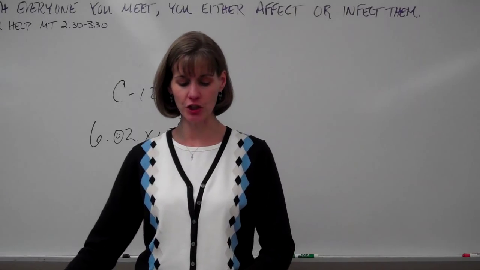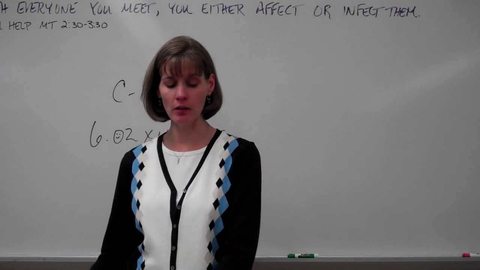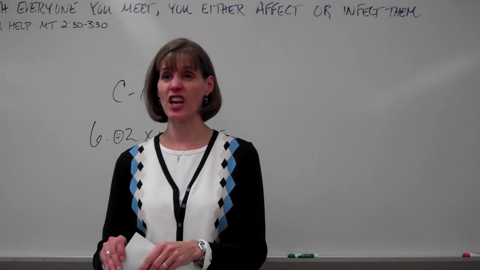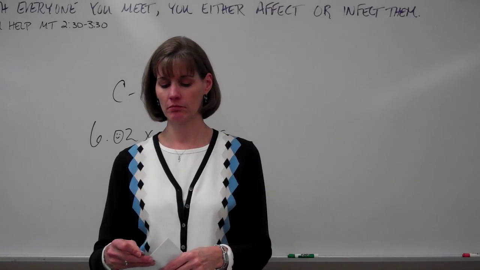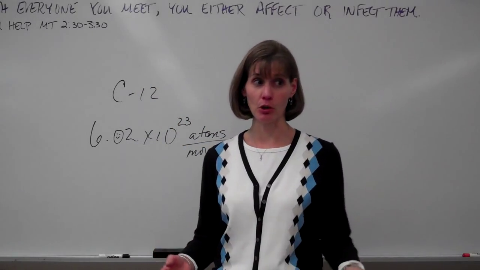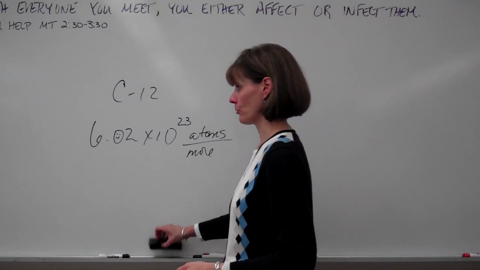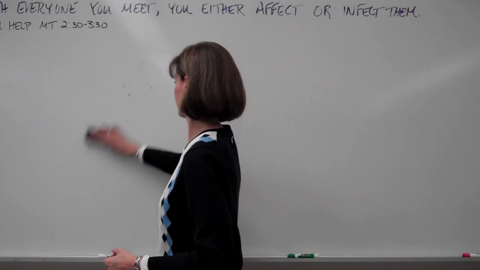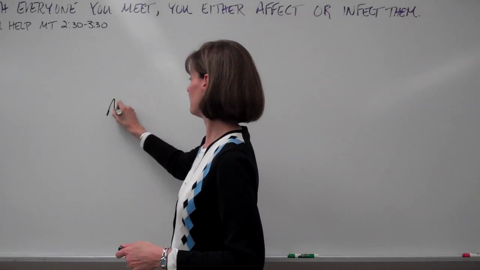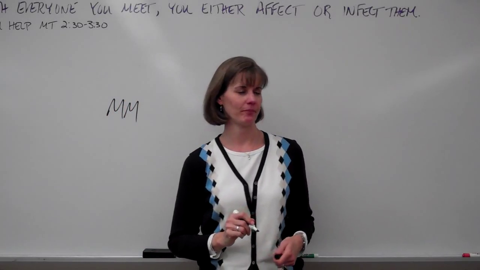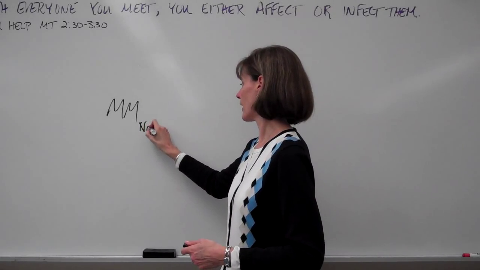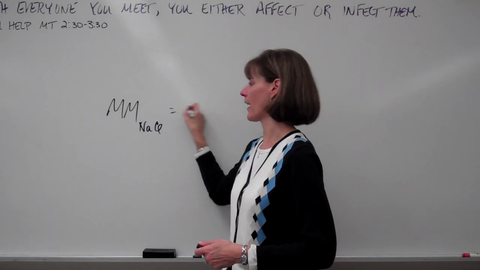34, the definition of molar mass. Well, if you wanted to calculate the molar mass of something, say sodium chloride, NaCl, or potassium chlorate, how would you do that? Molar mass is abbreviated M. So the molar mass of NaCl, what would we do to find that?